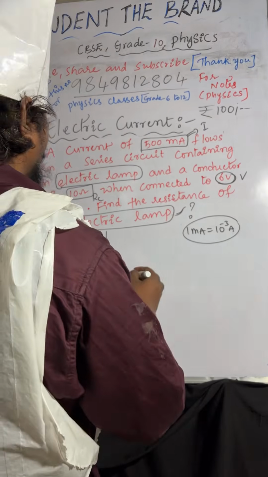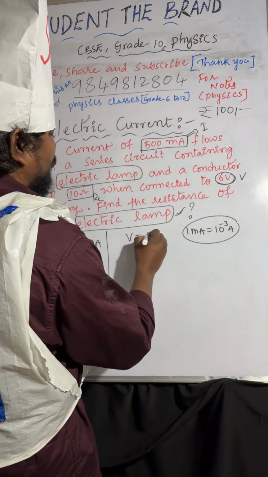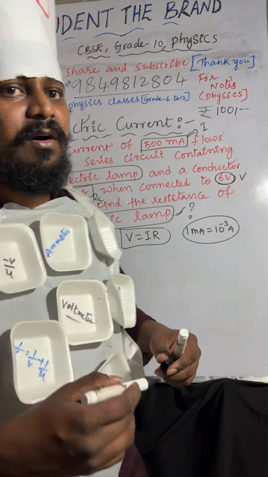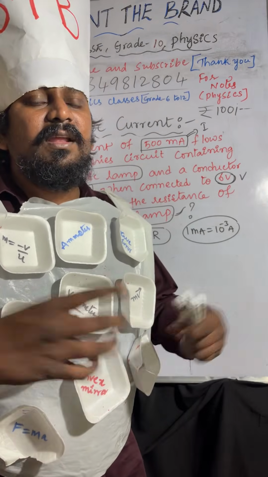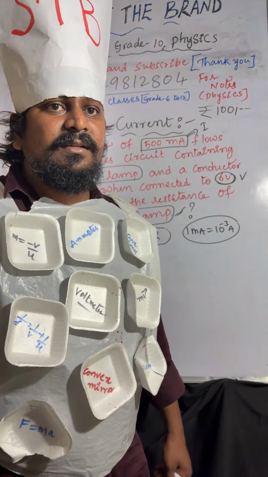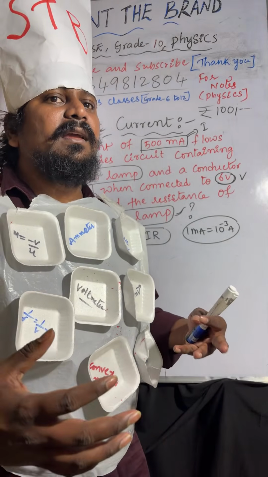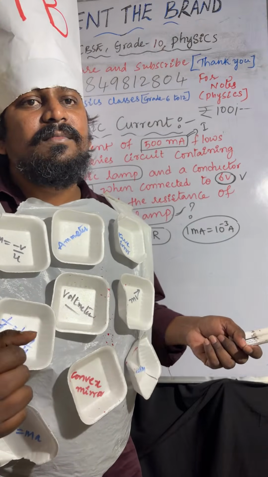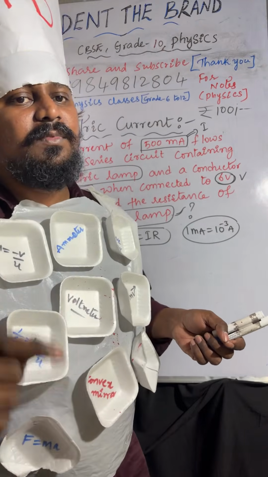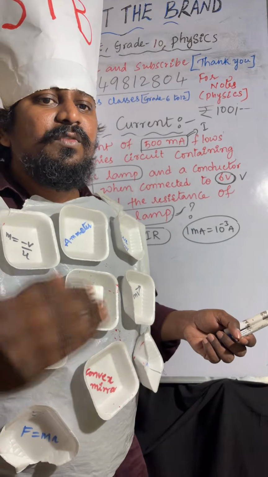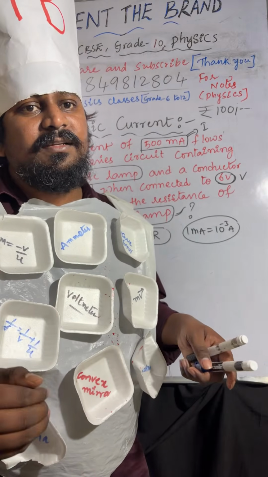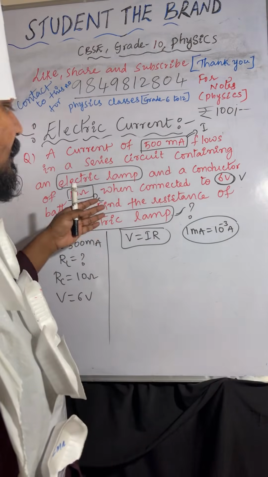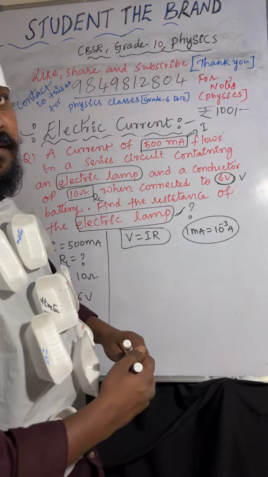Then we know the formula. Which formula is suitable for the given data? V equal to IR. So we have to select the formula, because in physics there are many formulas. Related to a particular concept, related to a particular problem, you need to select which formula is suitable. So here I am taking V equal to IR, right?